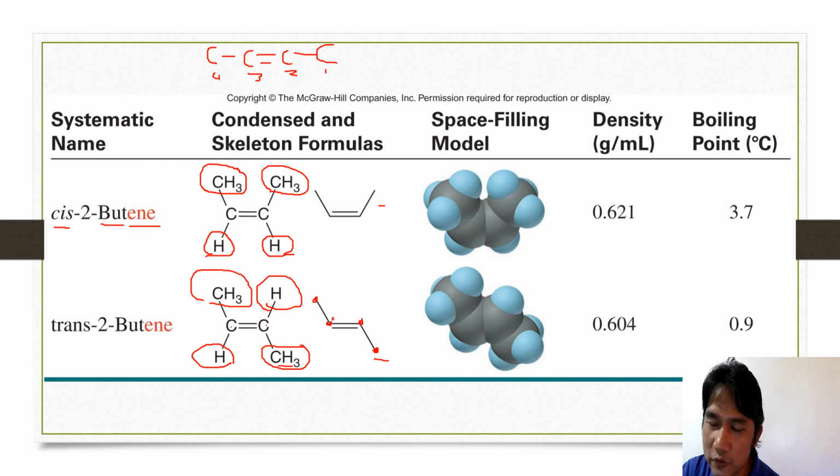But on these carbons, the second and the third, there is only one hydrogen on each. As you notice, even though they have the same molecular formula, their properties differ. One boils at a higher temperature than the other.